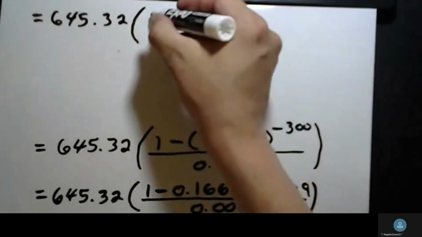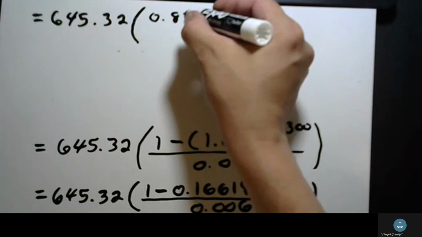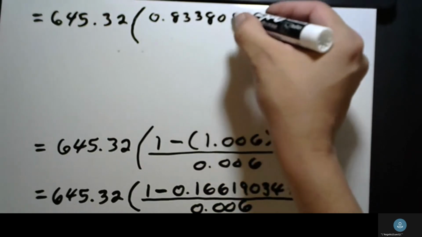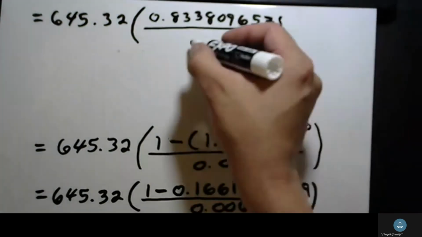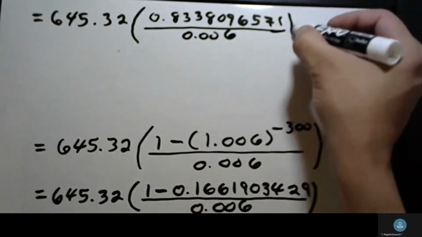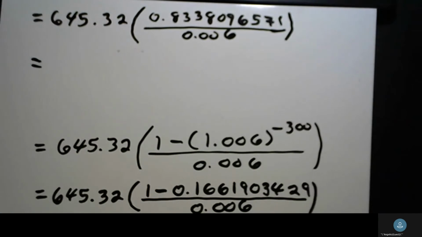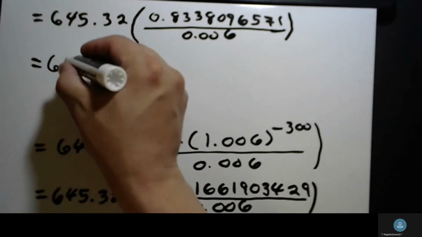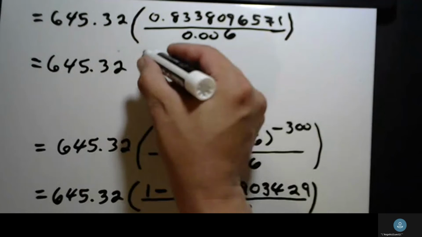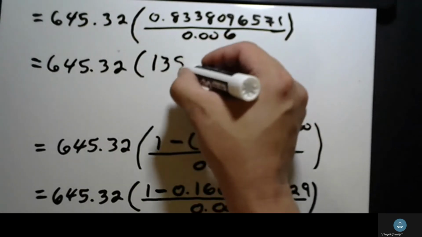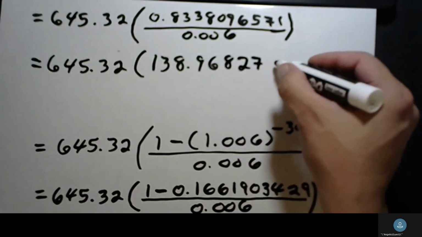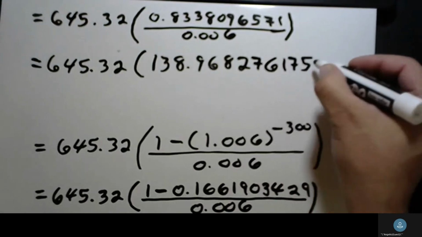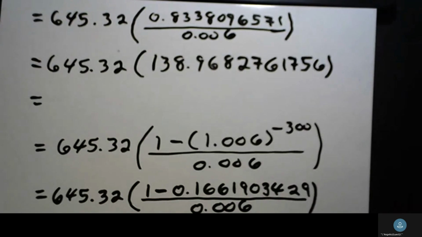Subtract that from 1. We'll do that division. And again, it can be tedious, but if you think you're going to make a keystroke error on the calculator, this isn't a bad way to go. Though granted, it can be a little tedious.